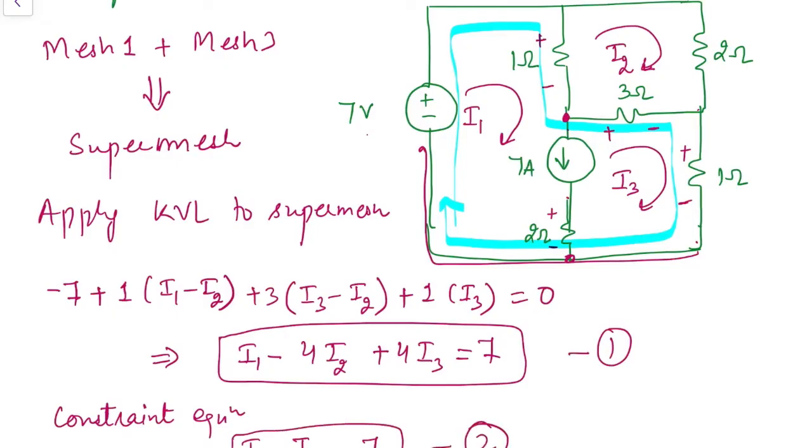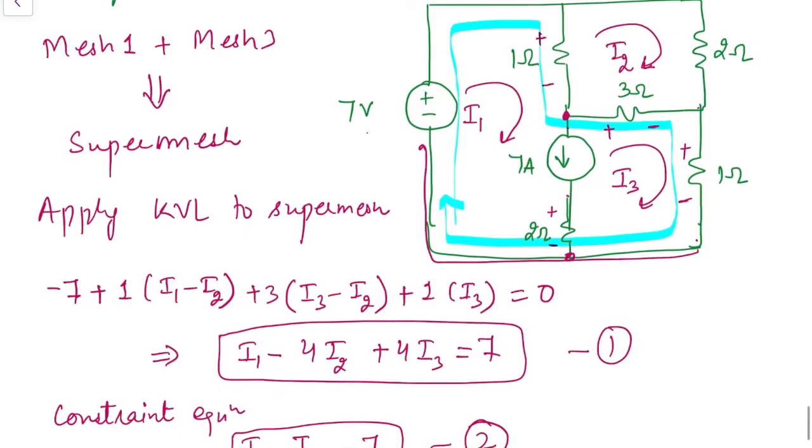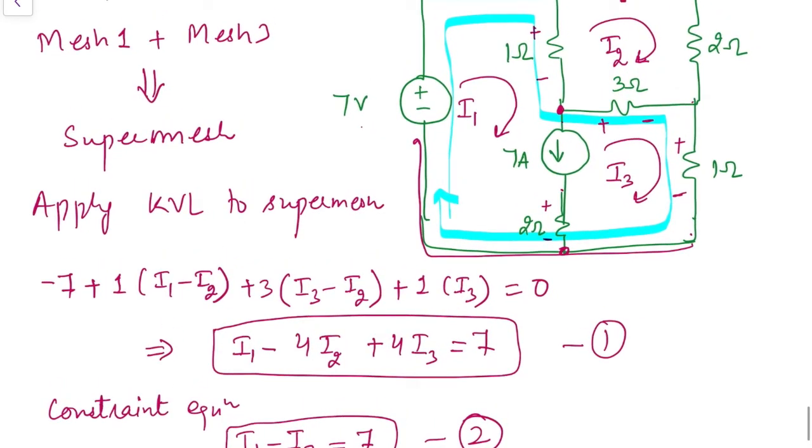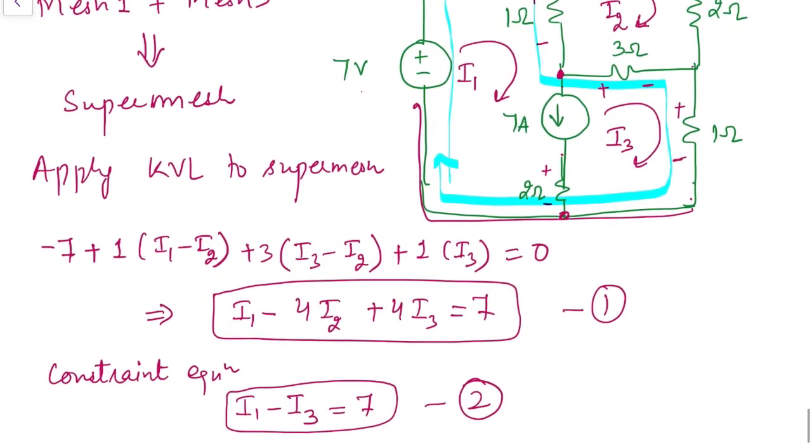The third equation we will get by applying KVL to mesh 2. Now when we apply KVL to mesh 2, we don't have any source over here, so I am moving it a little upward. Starting from this 2 ohm resistance, 2 into I2, plus, now the polarity of voltage drop across the 3 ohm is like this, because we have to mark the polarity of voltage drop as per the direction of I2.